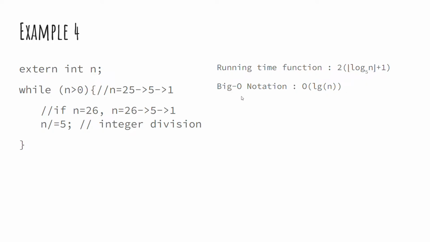And so the big O time complexity of this example comes out to be big O of log n. Notice that we ignored the base over here, just like we saw in the previous slides, and so we just changed the base back to 2.